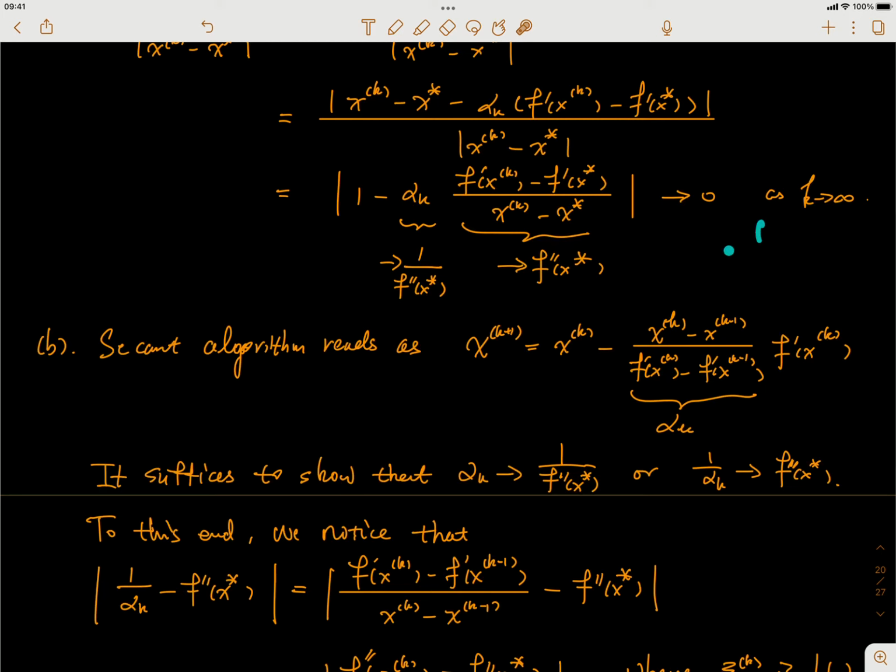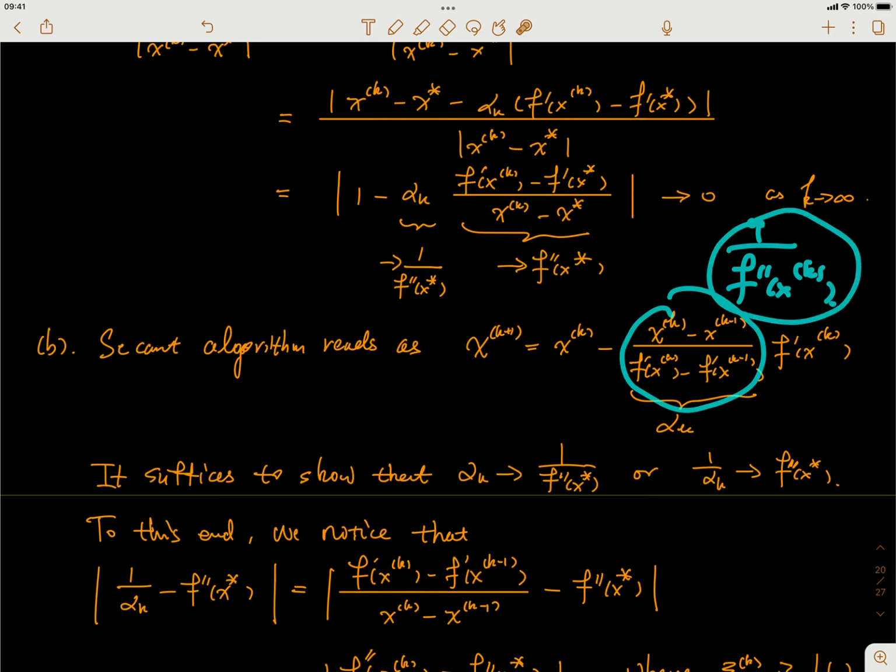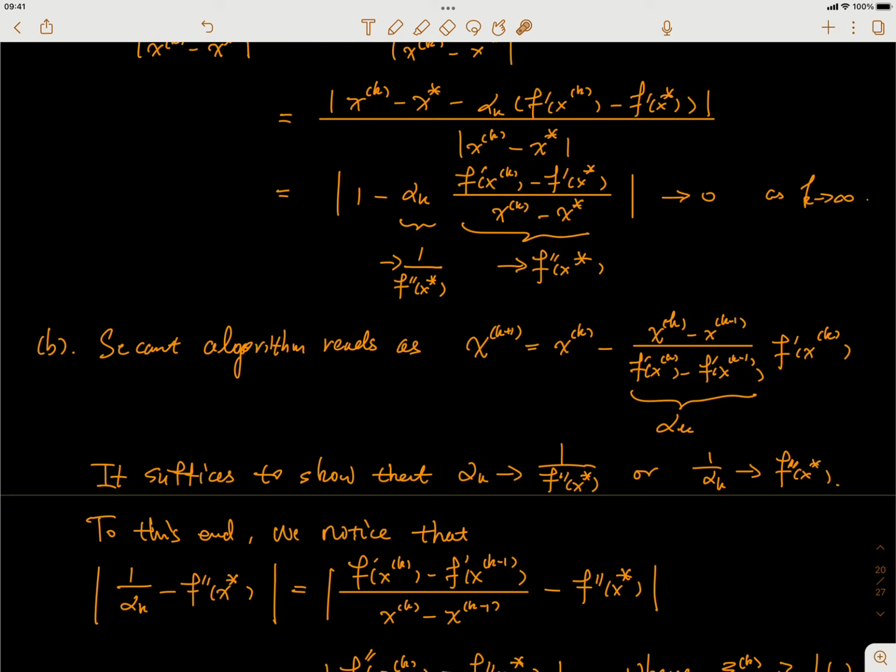So we don't want to really compute this in each iteration. Instead, we use this to approximate that. And in this case, you can think of this as alpha, because it's just a scalar. It's the alpha k.